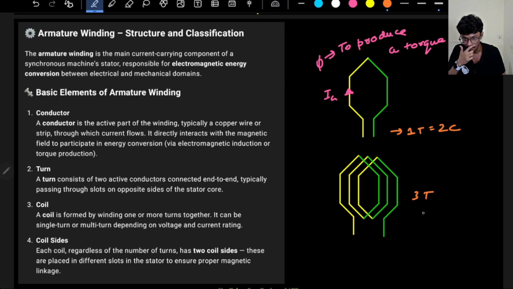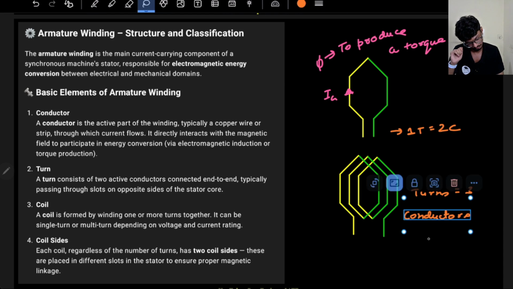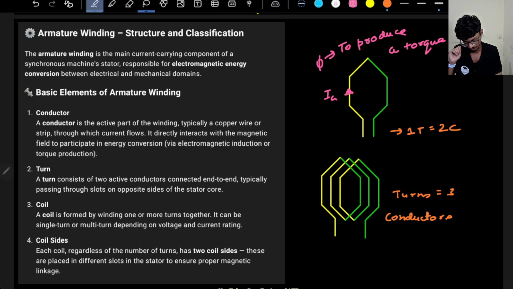It has six conductors in total. So the number of turns here will be three, and the conductors will be six.